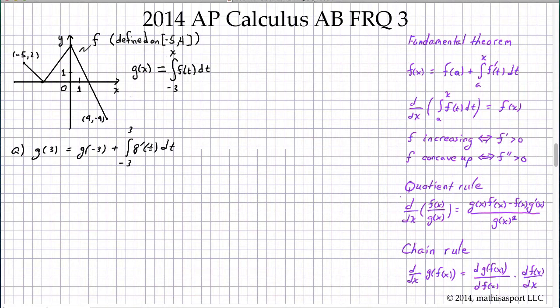Okay, now, why did we pick g of negative 3? Well, because g being defined in terms of an integral, if the start point and the stop point are identical, then we know the value of the integral at that point regardless of any understanding about the integrand. Namely, we know that this is 0.